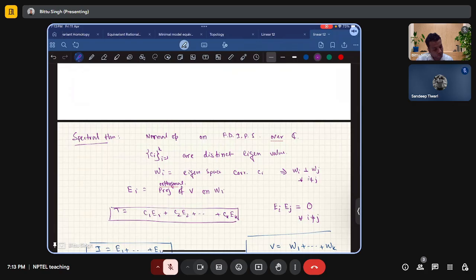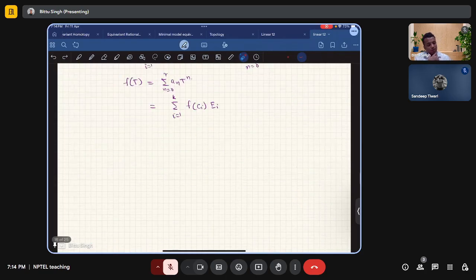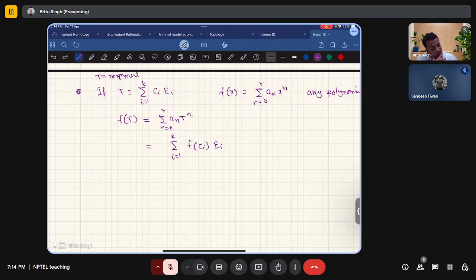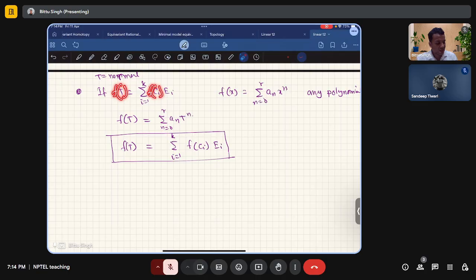This is the important fact: any polynomial f(T) can be written as f applied on those ci, times Ei, and take the sum. It behaves like a linear thing.